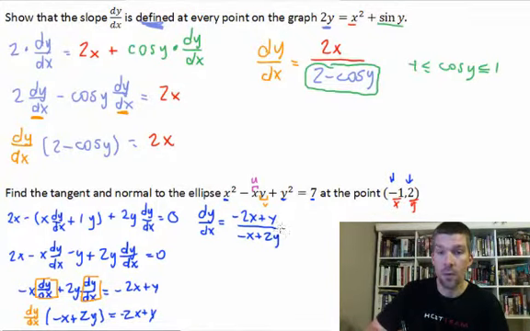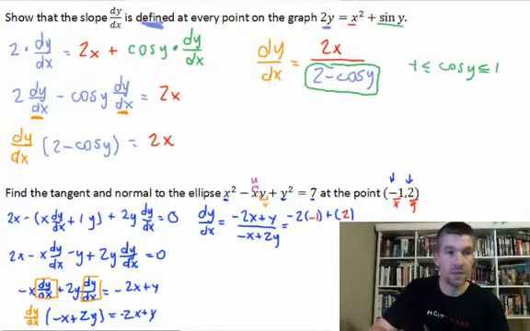Okay, so if I want to know what the slope is of this guy, then I substitute in those values of x and y. So I'm going to have -2 times x plus y, and so my x is going to be -1, and my y is going to be 2.